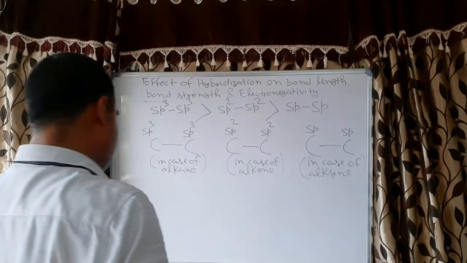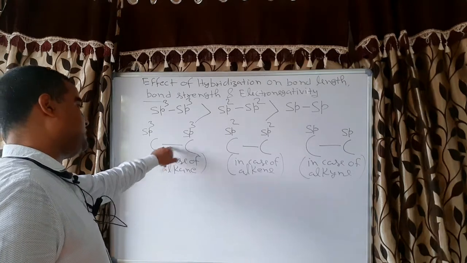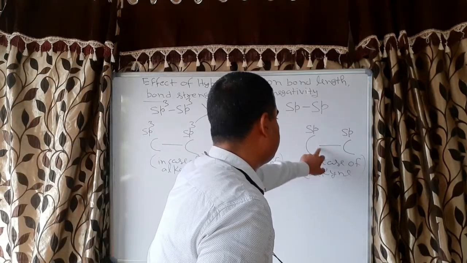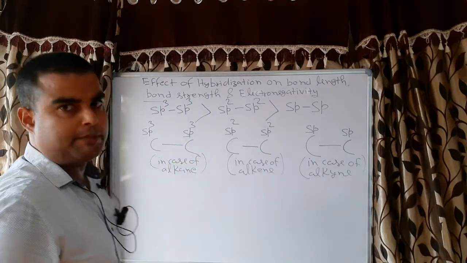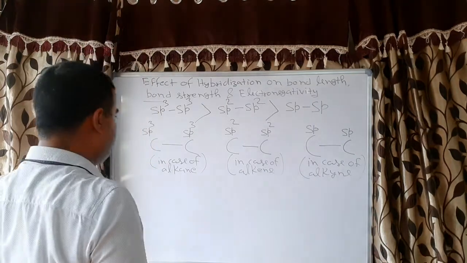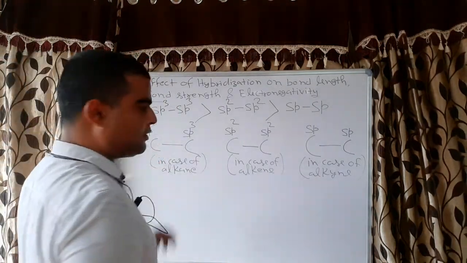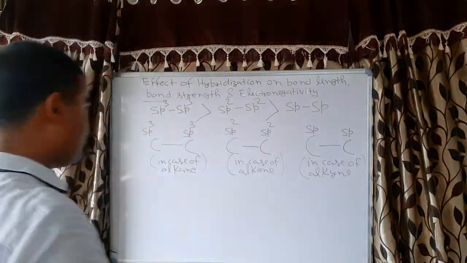Now you might be thinking, alkane single bond is okay, but in alkene also I have taken the single bond, in alkyne also I have taken the single bond. Actually I am taking only the sigma bond. Only in case of sigma bond, what is the bond length? Because hybrid orbital can form only sigma bond. Correct?